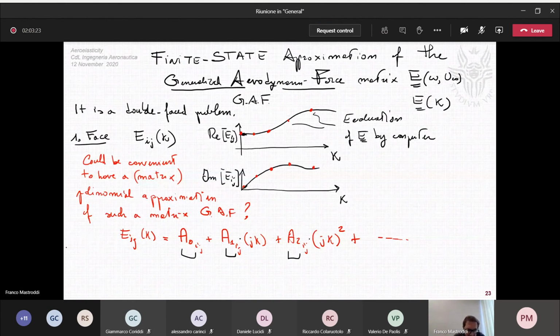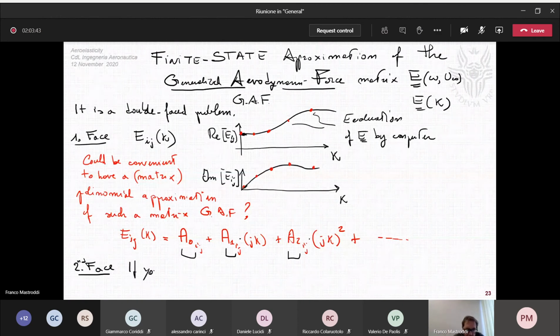What is the other phase of this? It is the following. Second phase: if you have this structure, what happens in the time domain? You go back to the time domain.